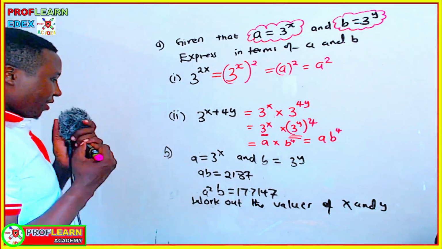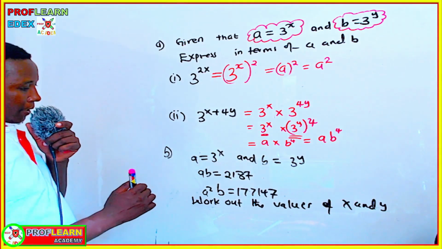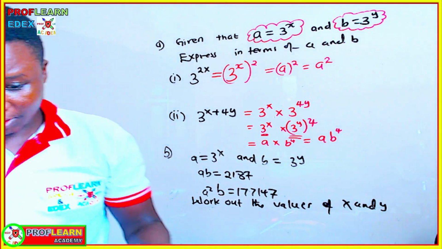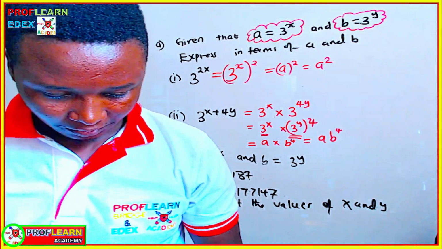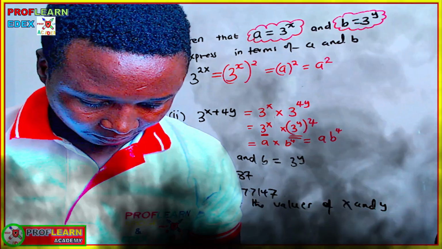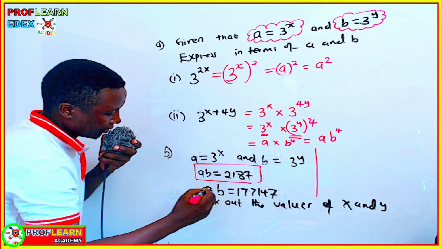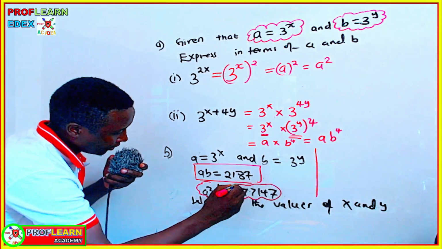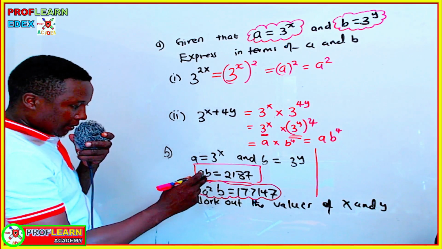Something that we need to take into consideration here is that we are told that AB is this. Now, I want you to look at what we have below here. This section we can write in terms of AB.